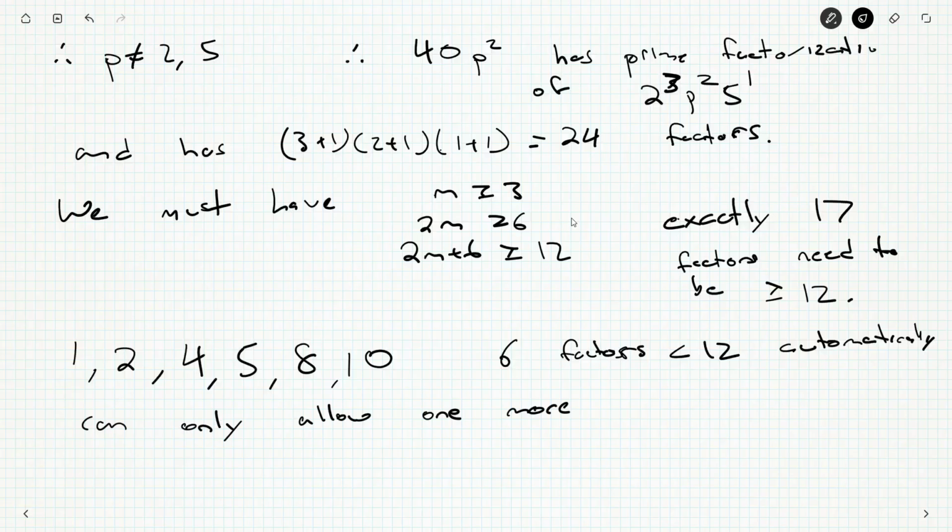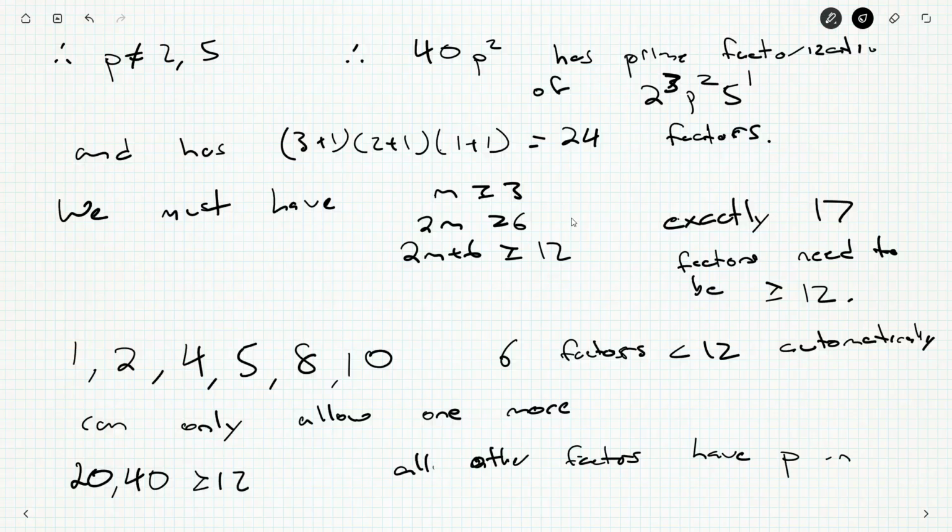So the other factors that we can make without p are 20 and 40. So that's 8 factors in total. So all other factors have p in them.